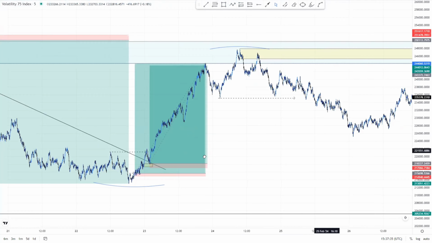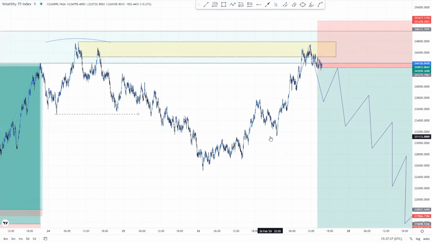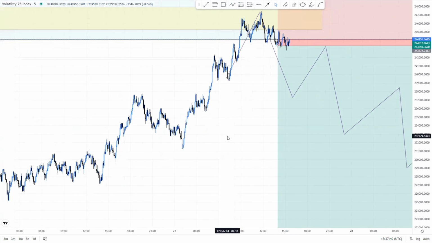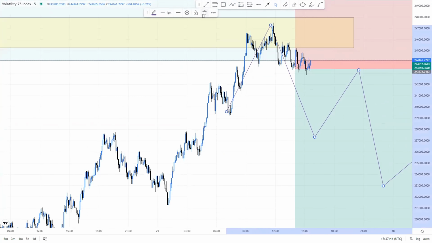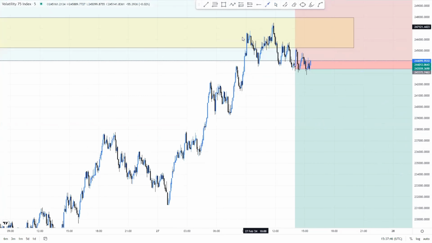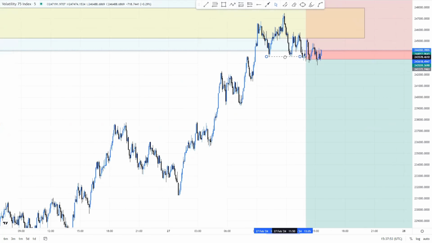So now they've changed to the downside. Even here, if I zoom in like this, you can actually see that my inducement is here, which is good. We now have an inducement, which is good.